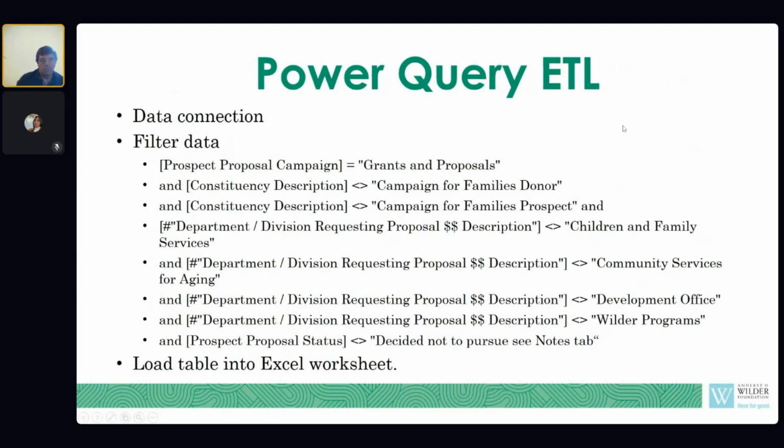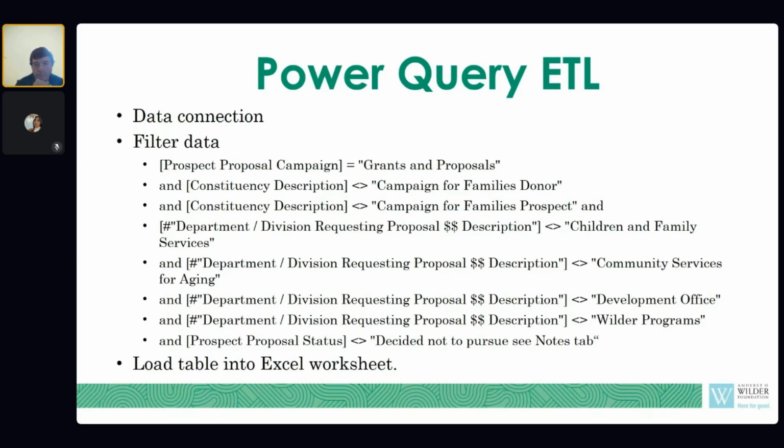The Power Query extraction, transformation, and load process allows for the defining of what that data connection is, what file it connects to, what the location of it is. And then I listed here the filtering of the data that we have for part of the extraction process.